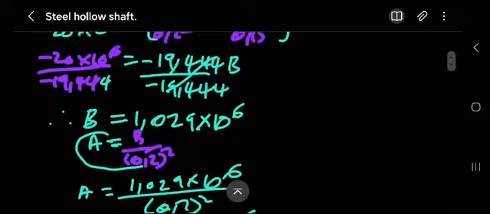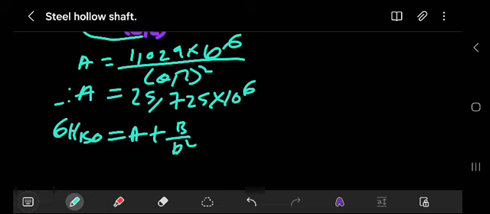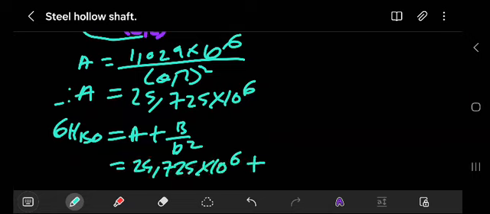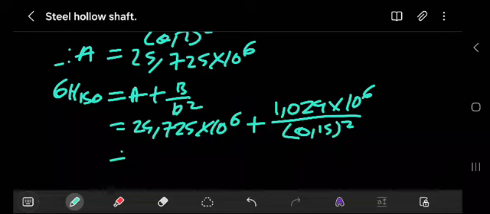Then hook stress there at 150. You know, hook stress is A plus B over D squared. A is 25,725 times 10 to the power of 6 plus B, whereby B is 1,029 times 10 to the power of 6 divided by diameter 0.15 squared. Then what is the value that I will get?